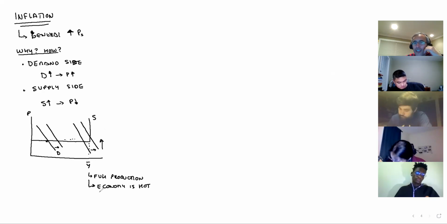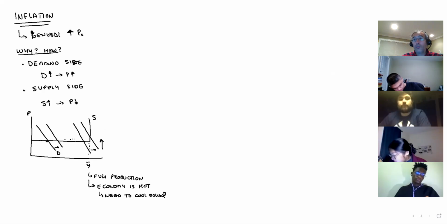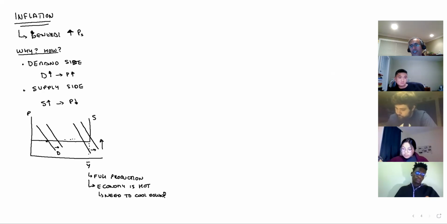So basically, we need to cool down the economy. These words are always present in economics jargon. The economy is too hot, we need to cool it down, okay? So cooling it down means basically, guys, you need to avoid full production, because immediately you're going to go into inflation, right?